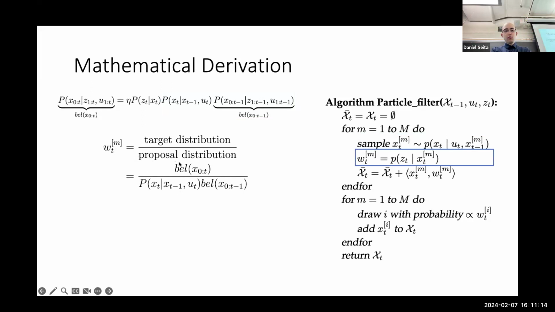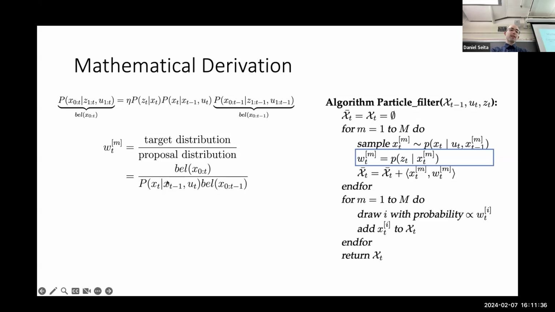We recall that the target distribution, the thing that we care about, the target that we want to sample from, is this belief from x0 up to the current time, divided by this thing. So it's the belief from the prior time step, multiplied by the transition probability.